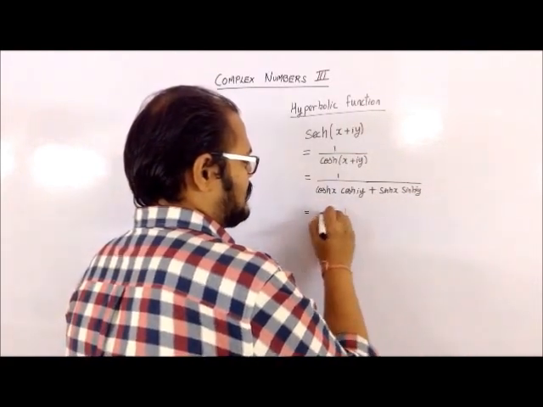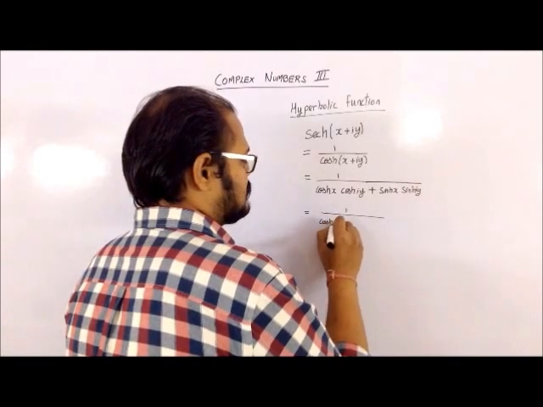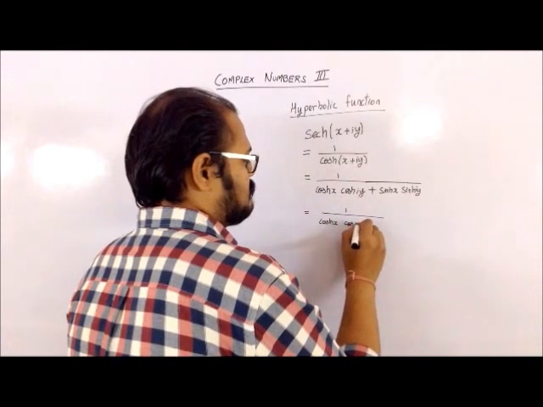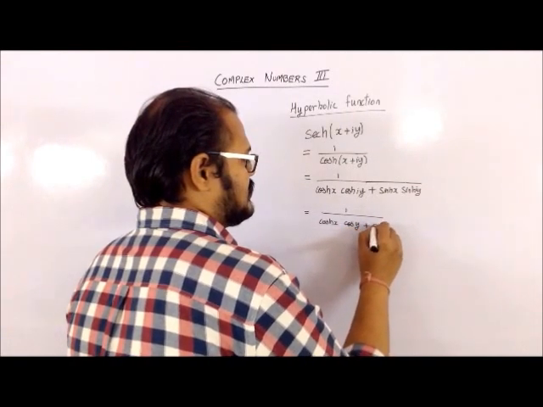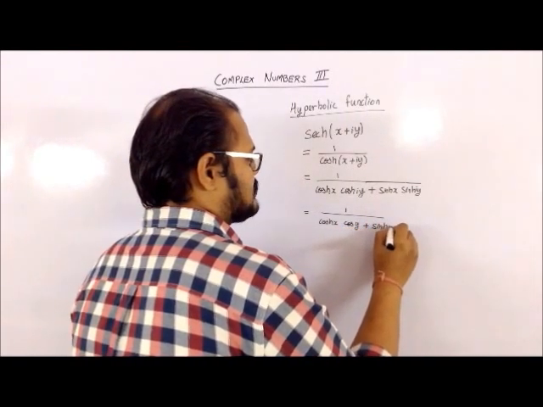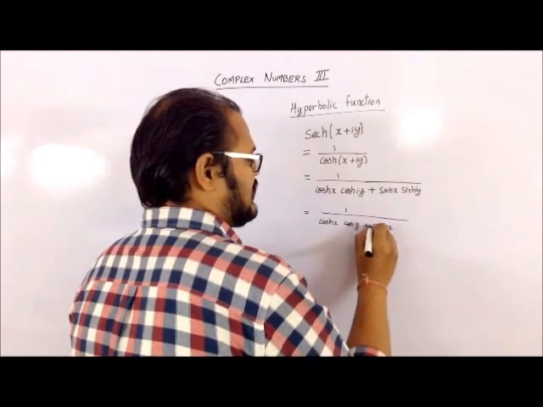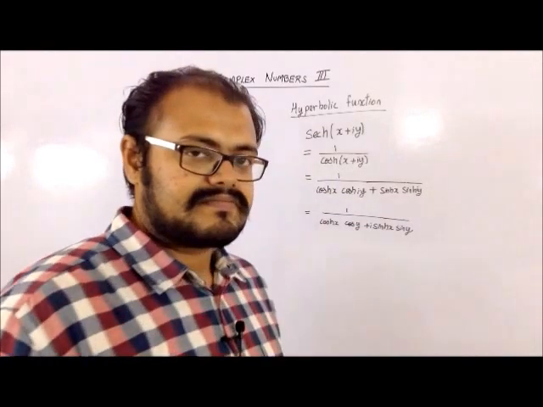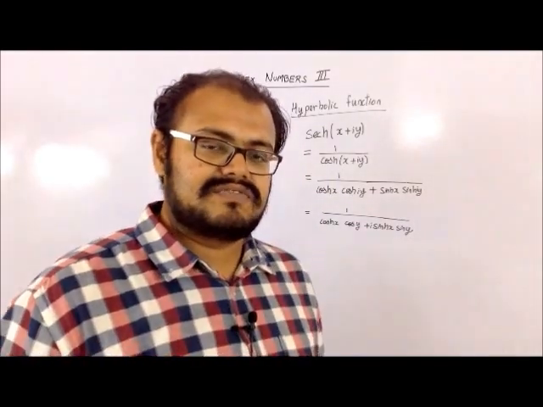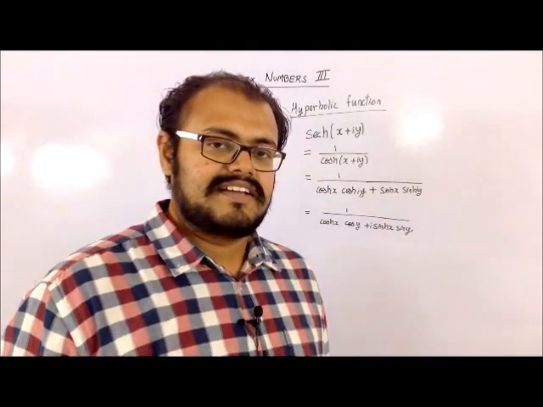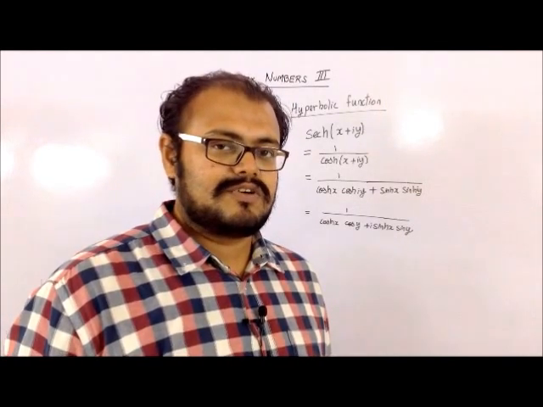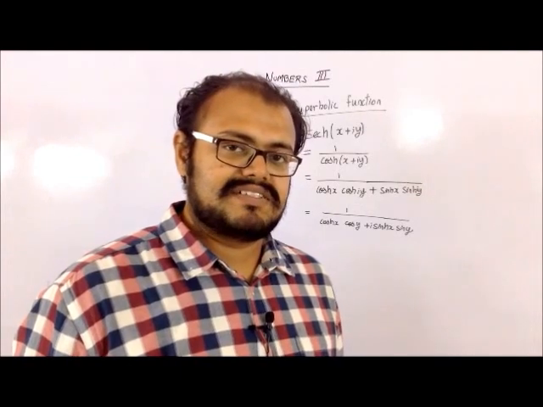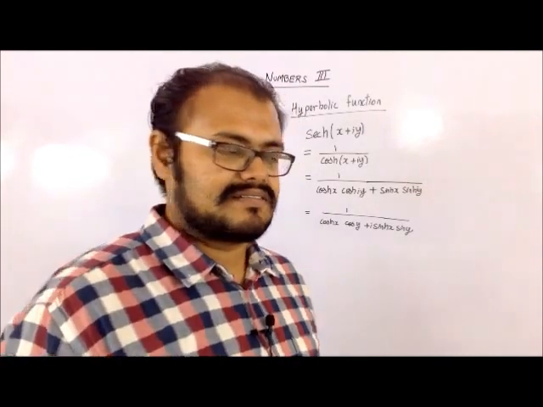So this gives me 1 upon cos hx, and this term becomes cos y, plus this becomes sin hx, and this becomes i sin y. So you have a division of a complex number. Now whenever you are having a division of a complex number, you simply take the conjugate of that number and multiply and divide by it.